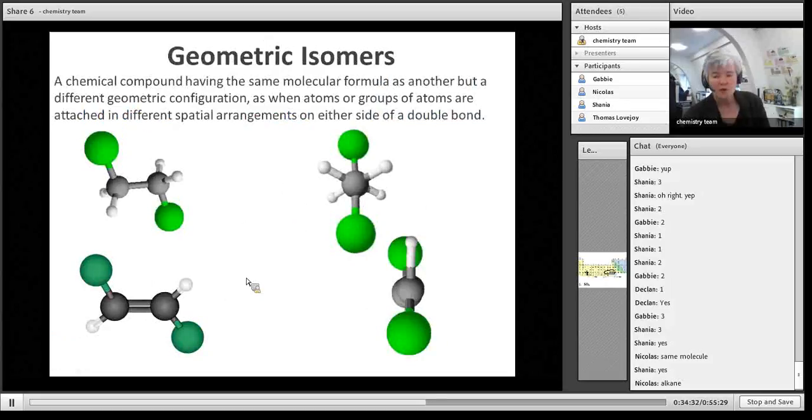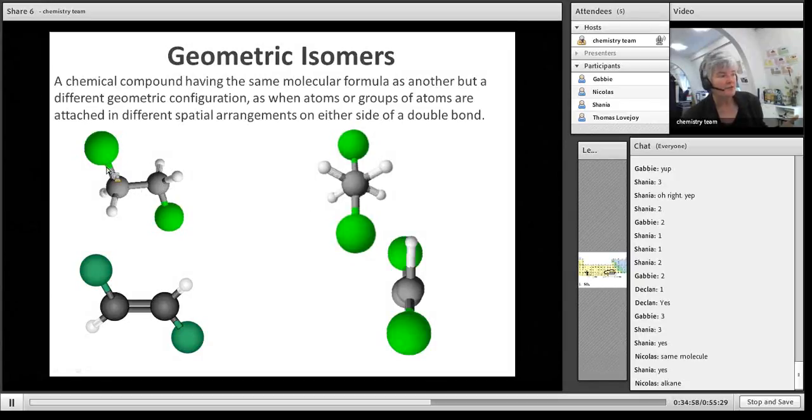Okay, the last type of isomerism is geometric, and this is where the atoms are connected to the same atoms, but they're in different positions in space. So they're different spatial arrangements. Now, I've got here a haloalkane, so it's just got single bonds.